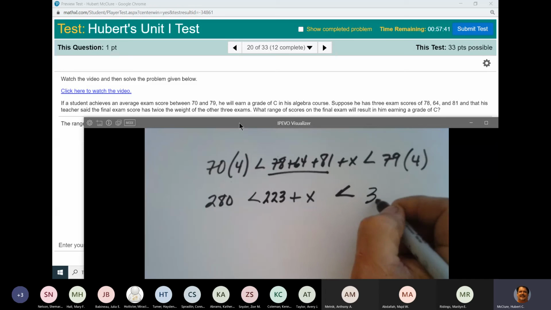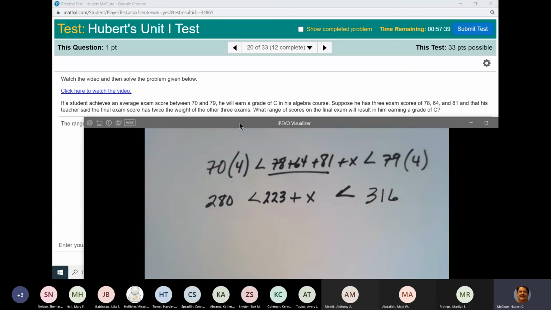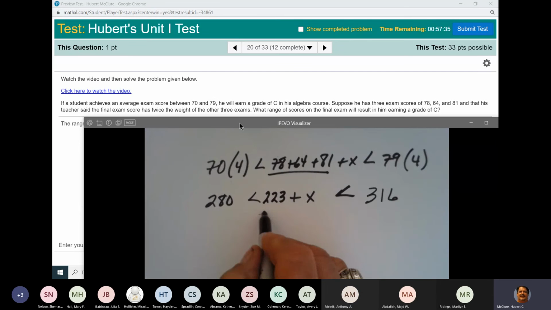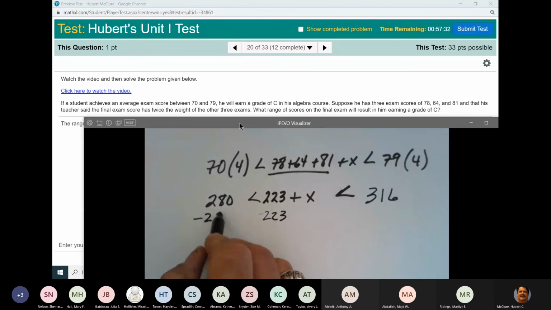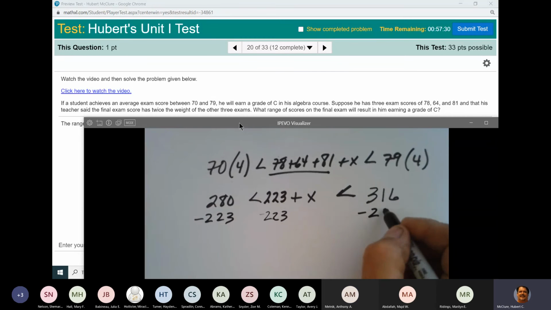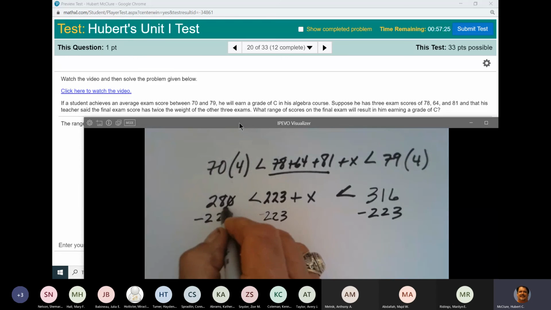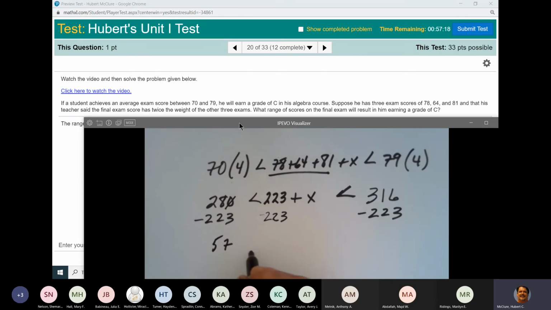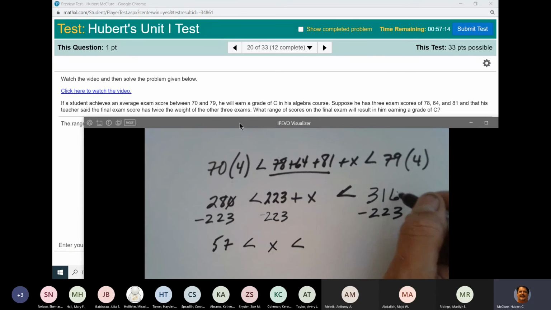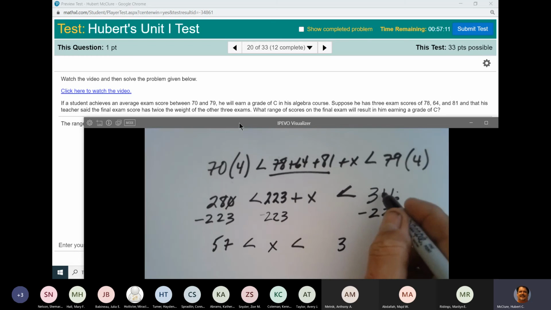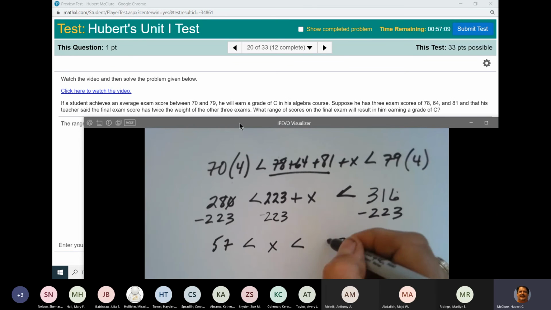Somebody check me on that. And now subtract. That's right, 223. And this is going to be 7, and 27 minus 22 is 5. And 6 minus 3 is 3, and 31 minus 22 is 9.